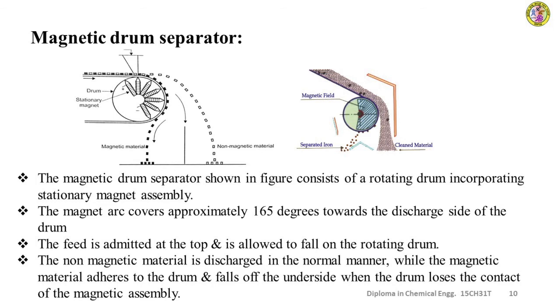The magnetic particles will be carried in contact with the drum till they lose contact with the magnetic arc and they fall down under the drum at a different location.